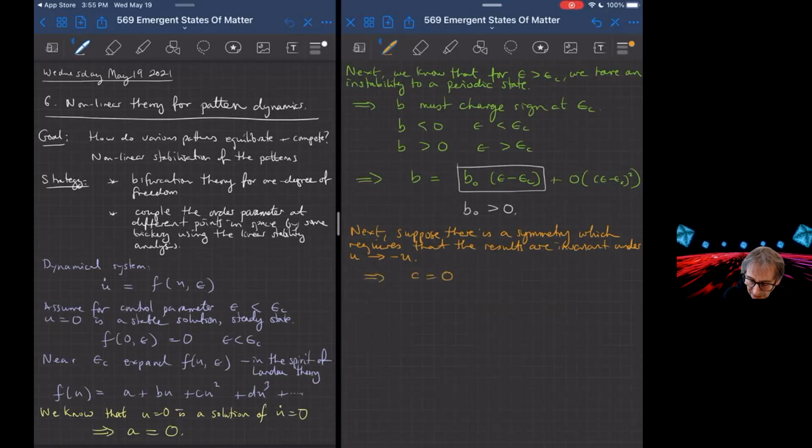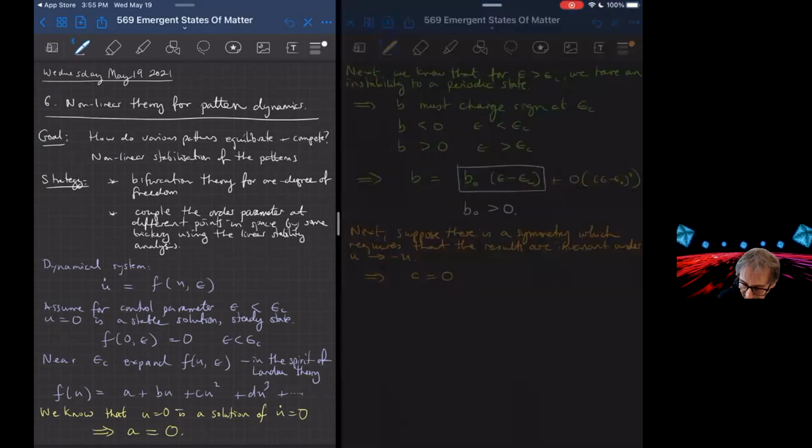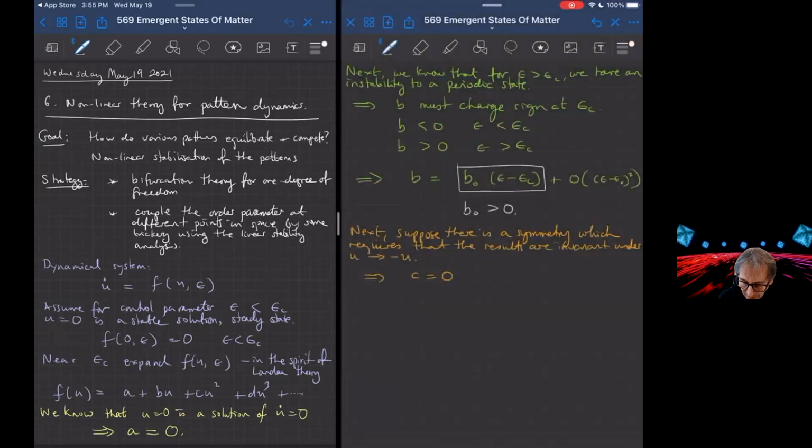Now, why is that? Well, because if it wasn't the case, then my equation of motion would be u dot equals bu plus cu squared, and the u squared would then spoil the symmetry under u goes to minus u. So we know then that c is equal to 0. And so what that leaves us with is a simplified problem in the vicinity of epsilon c.